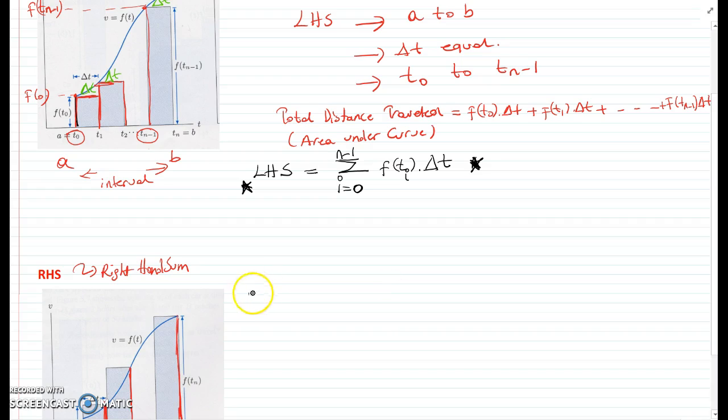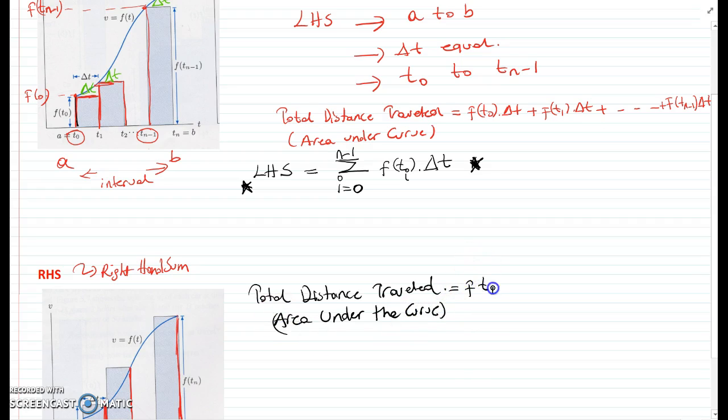In this case, total distance traveled, which is again the area under the curve, will be equal to f of t1 times delta t, plus f of t2 times delta t, up to f of t n times delta t.